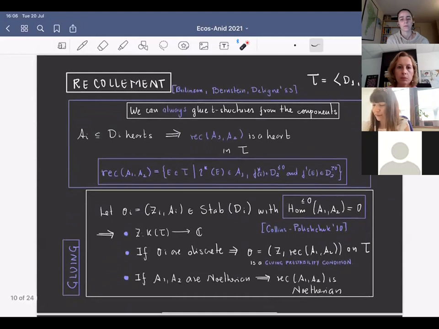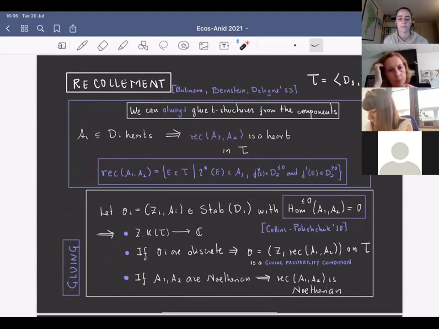The second tool that we're going to use is recollement, given by Beilinson, Bernstein, and Deligne. When we have a semi-orthogonal decomposition, if we have one heart in D_1 and one heart in D_2, we can always give a heart in T. This heart is called the recollement of A_1 and A_2, and it's given here.